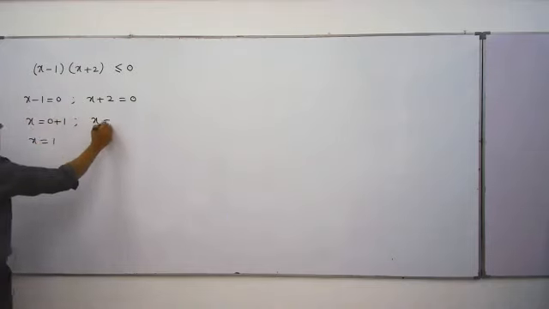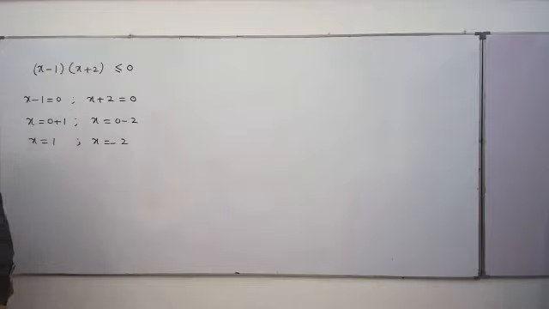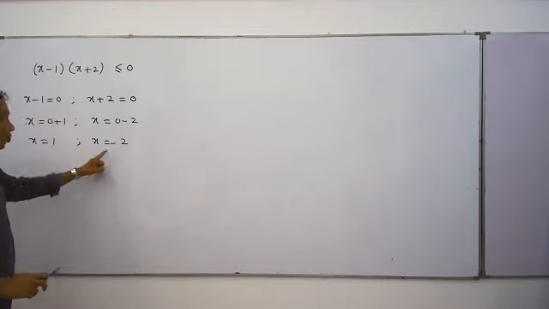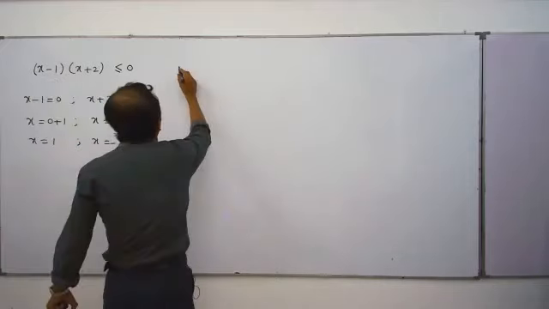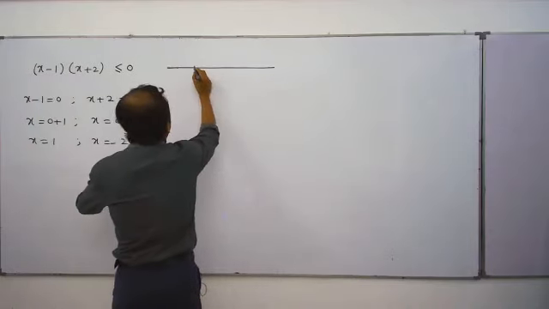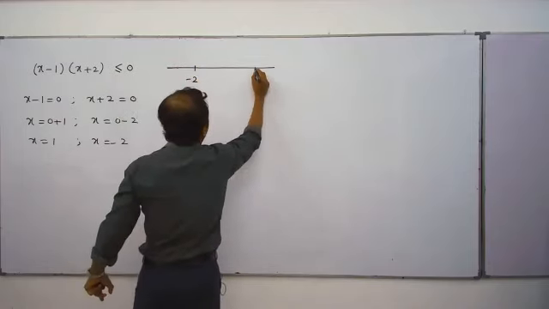Here, x is 0 minus 2, which is minus 2. Now these found x values we have to mark on the number line. Minus 2 is here, plus 1 is here.